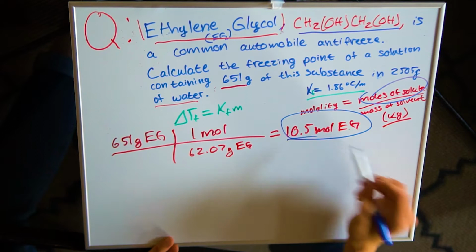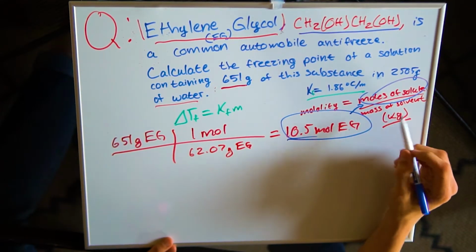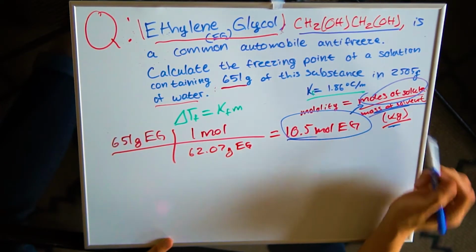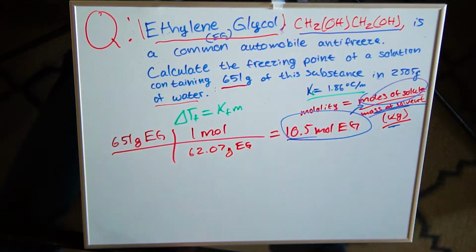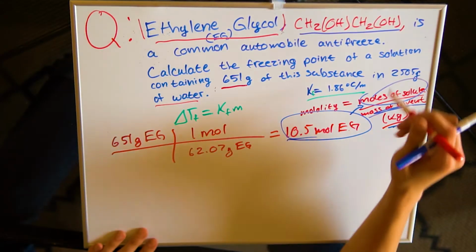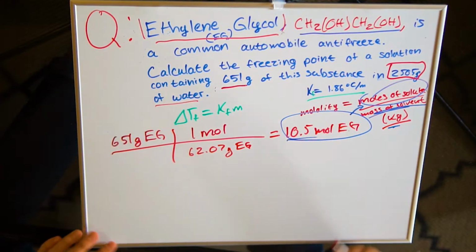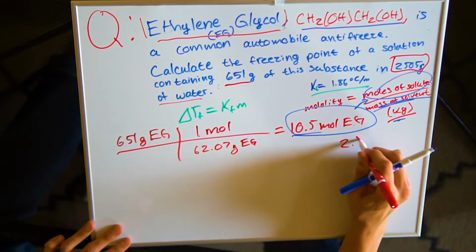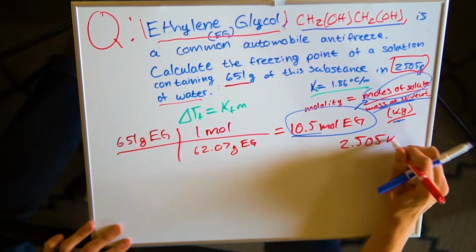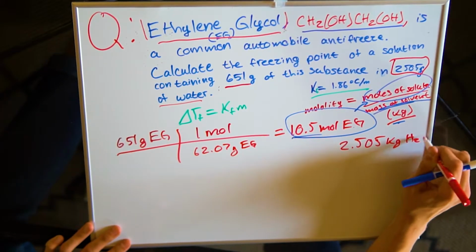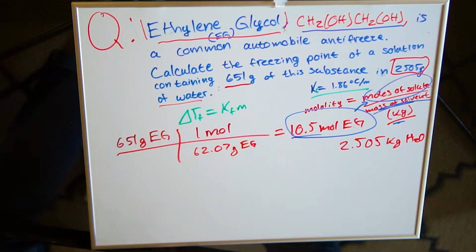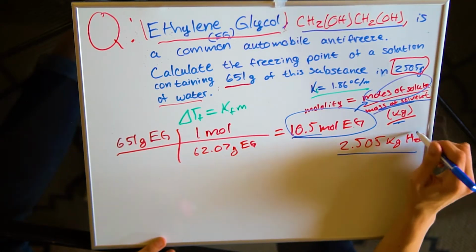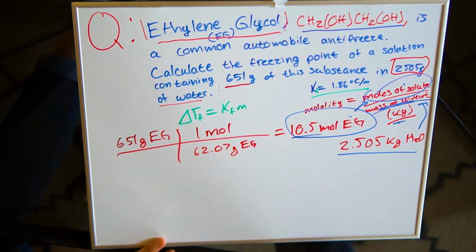Okay, so now that we have this, now we have to figure out our mass of solvent in kilograms. That's an easy one because we have 2,505 grams of water. That's going to easily translate over to 2.505 kilograms of H2O. So now we have both of our mass of our solvent and our moles of solute.